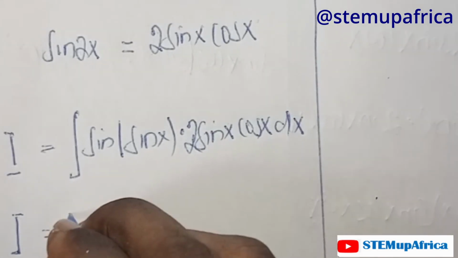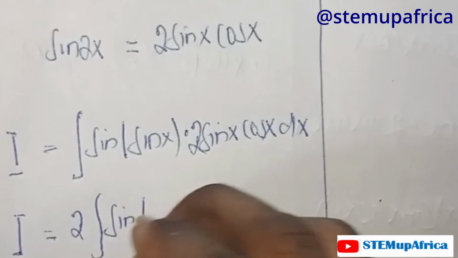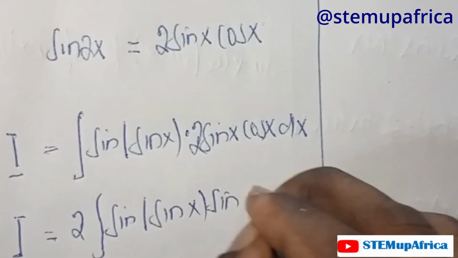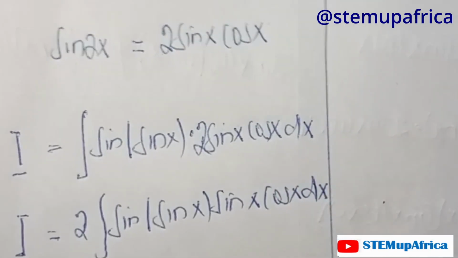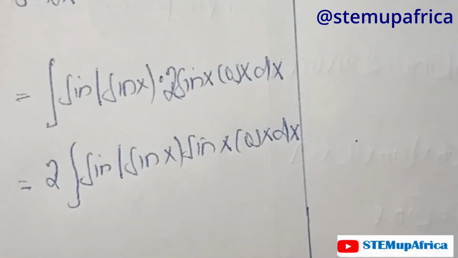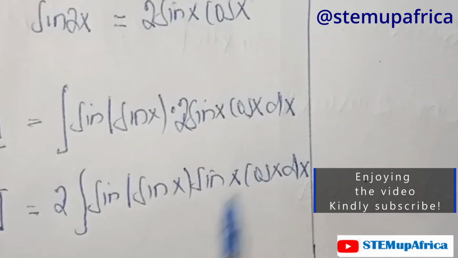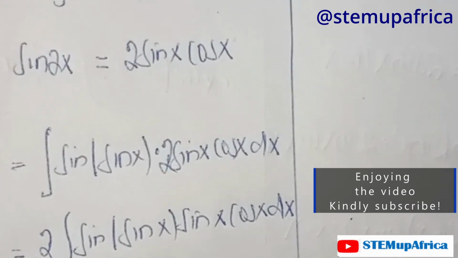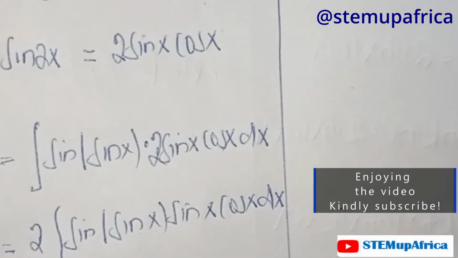I will have 2 times the integral of sin x cos x dx. That's what we have. So let's see how to simplify now that we have represented sin 2x as 2 sin x cos x. If you look carefully, we have sin x as a common expression.